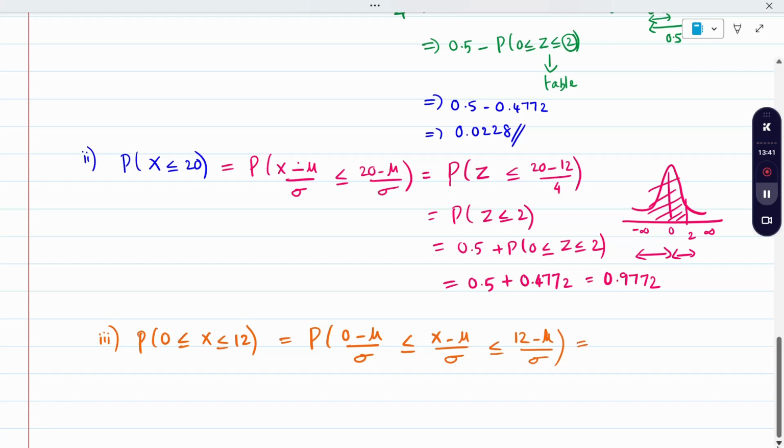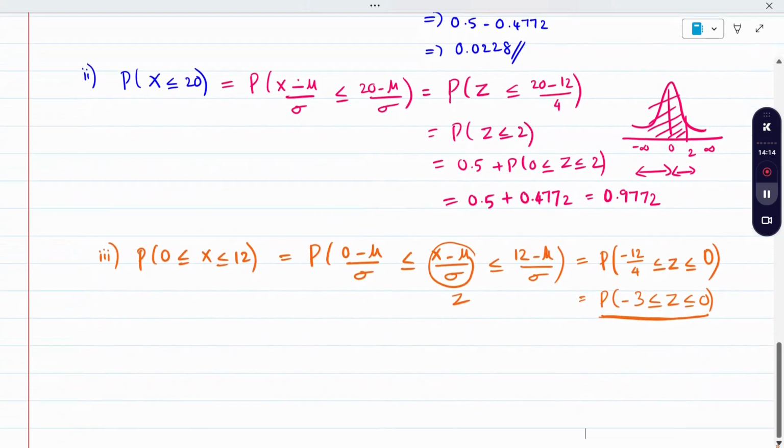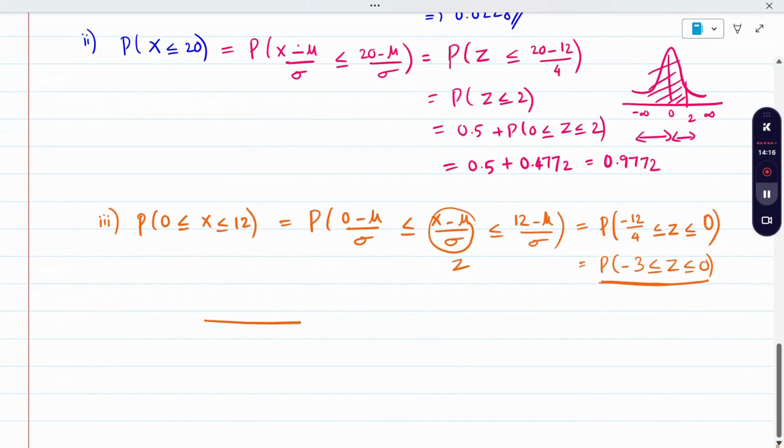Now we know mu, and we know sigma. So the upper limit is 12 minus mu, which is 12 minus 12, 0. So I am getting 0. So I am getting probability of minus 3 is less than or equal to z is less than or equal to 0. Immediately you draw a diagram for this.